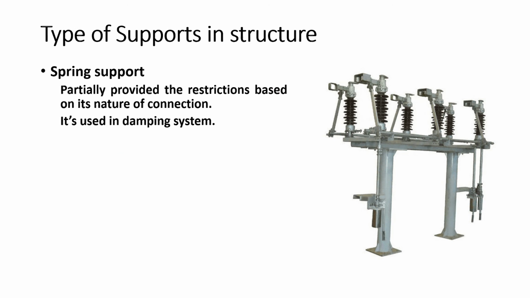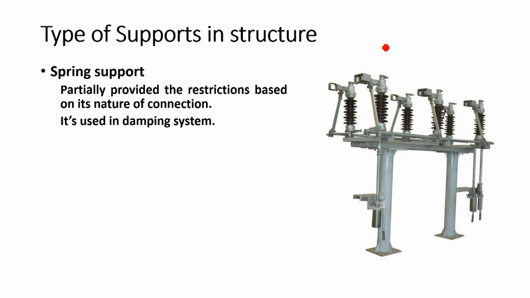Let me go to the next one, the spring support. There are many kinds of spring support. We can define spring support as partially providing a restriction based on the nature of its connection. That means it will provide a restriction, but with a certain settlement.